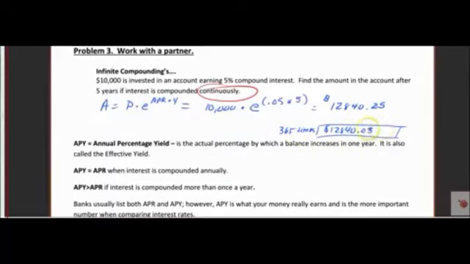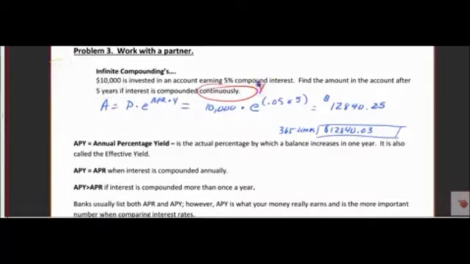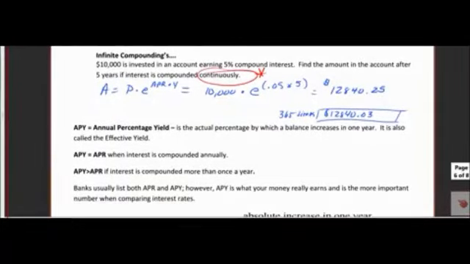So notice when we go from 365 times a year to an infinite number of times per year, we only gain about 22 cents. But if I were given a choice, I would always choose continuously because I know in most cases, maybe not every single case, in most cases, continuously would provide me the bigger return.